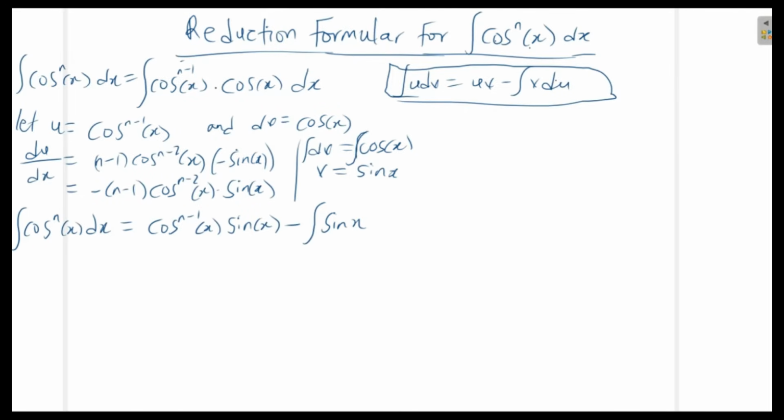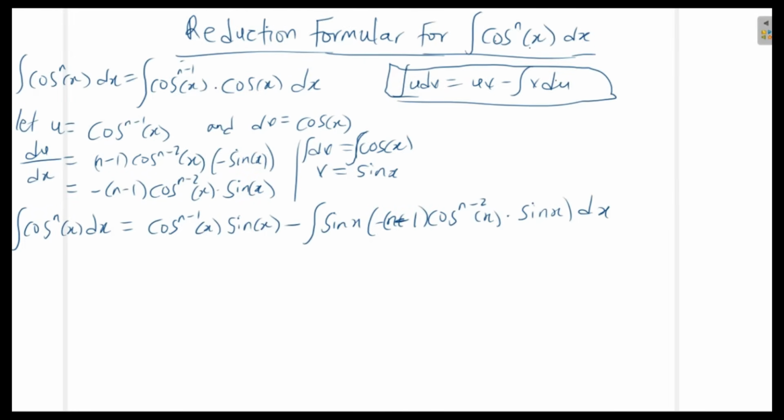From du over dx, I can make du the subject, so this will be sine x in brackets negative n minus 1, then cos to the power n minus 2 of x, then sine x dx, because from du over dx I just cross multiply, so the dx multiplies everything here.